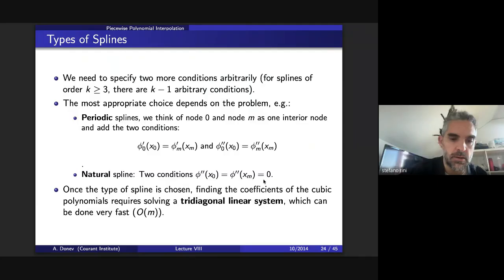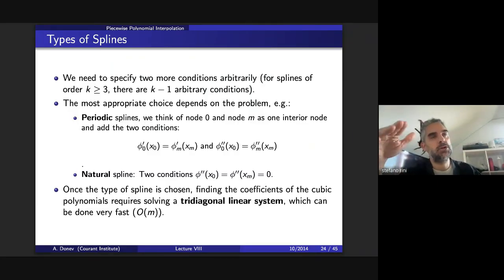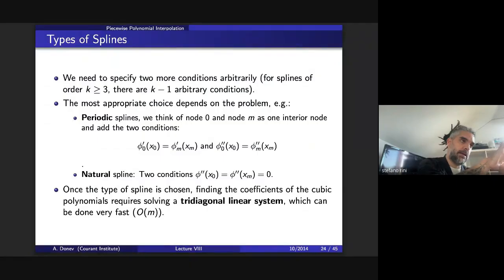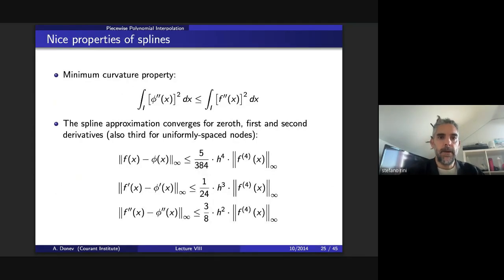But basically, when you set up your system of equations, you're left with a couple of degrees of freedom, which describe the first and second derivative at the leftmost point and the rightmost point of your interpolation, and so you can just decide how to fix those equations. Not a big deal. And the nice property of splines is that they have a minimum curvature property, right?